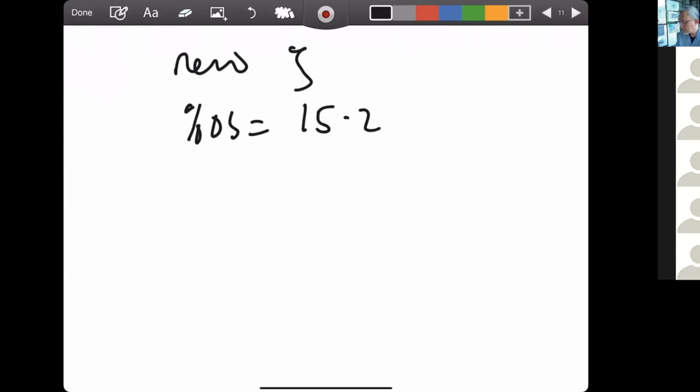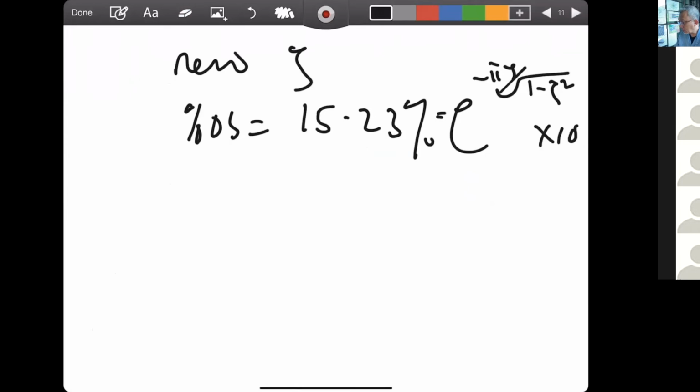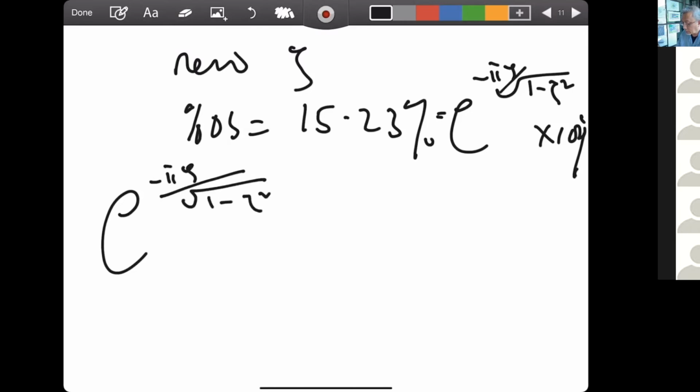Okay, ini new overshoot which is sama dengan eksponen minus pi zeta over square root 1 minus zeta square, darab 100%. Jadi eksponen minus pi zeta over square root 1 minus zeta square sama dengan 0.1523.